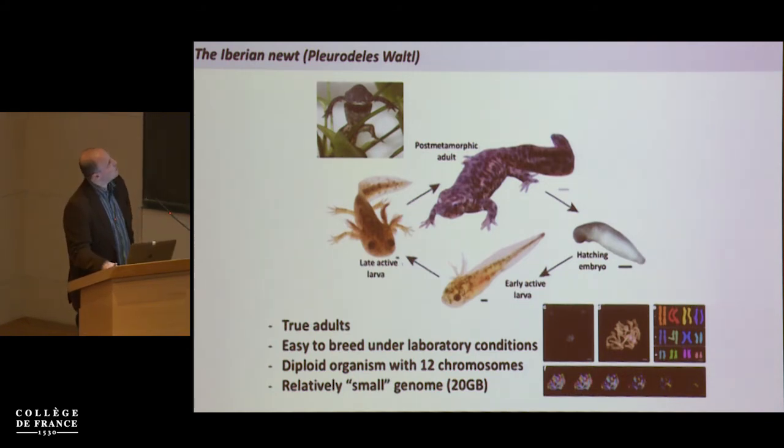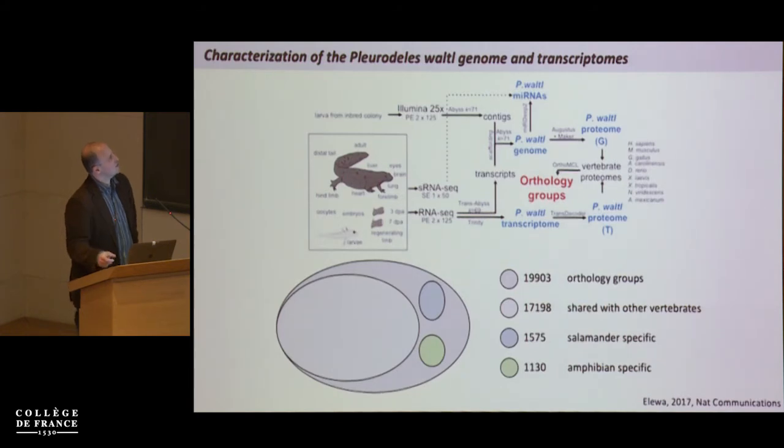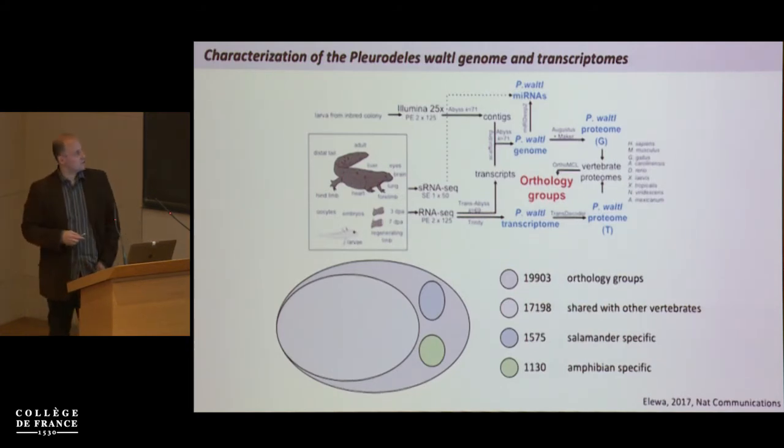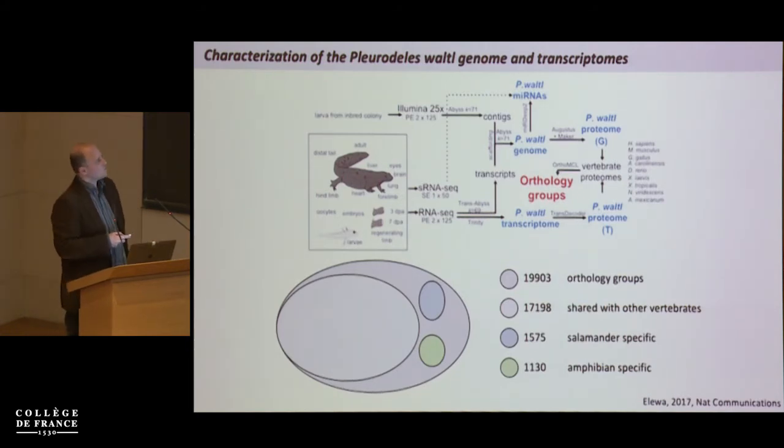So we sequenced the genome and transcriptomes, and we have divided the genes into different ontology groups and identified those which are shared with other vertebrates. Some appear to be salamander-specific, some appear to be amphibian-specific, not so surprisingly.